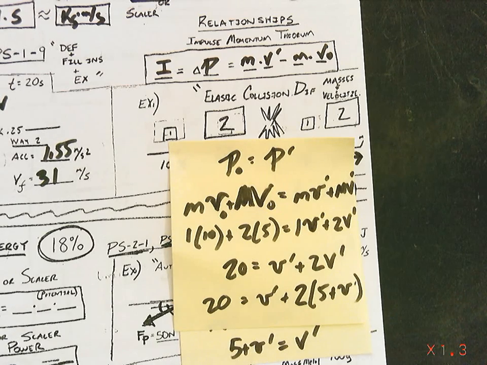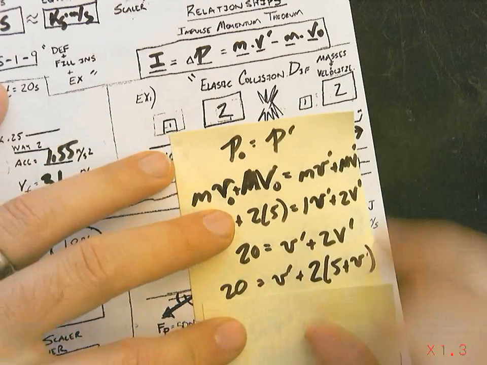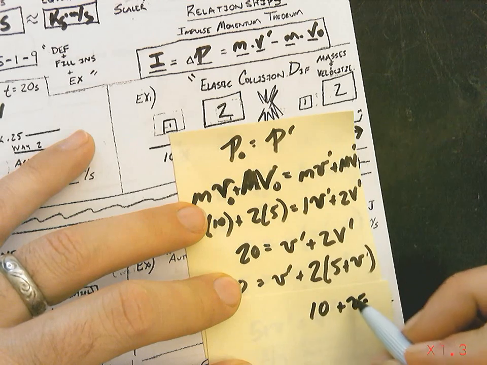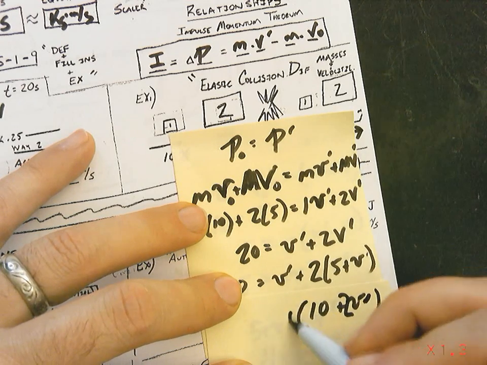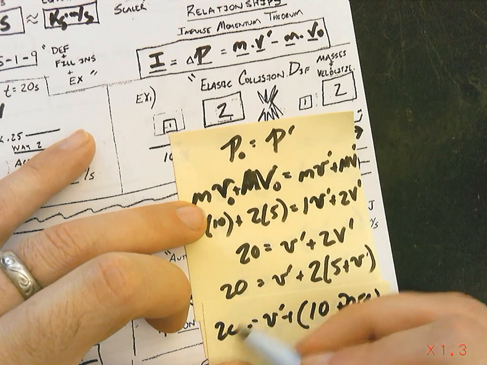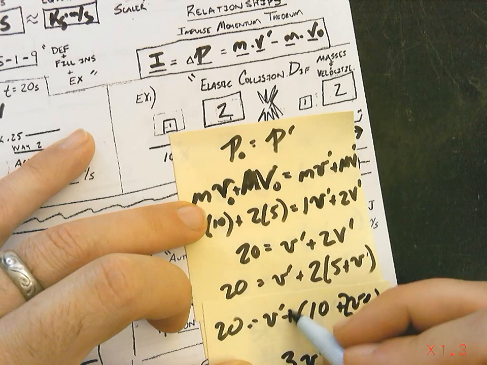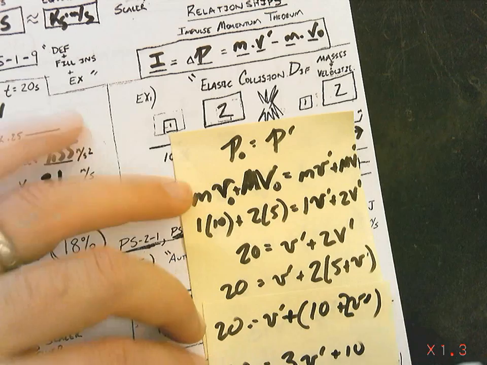So I'm going to need a new piece of paper, I guess, to work this out. So now I want to distribute my 2 and get 10 plus 2 little v prime plus little v prime, that equals 20. In other words, 3 little v prime plus 10 equals 20.